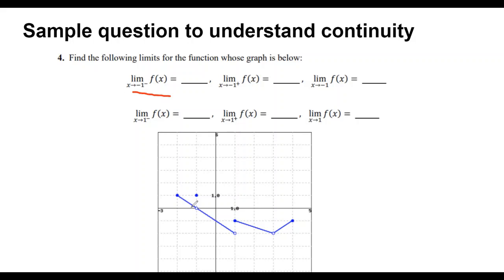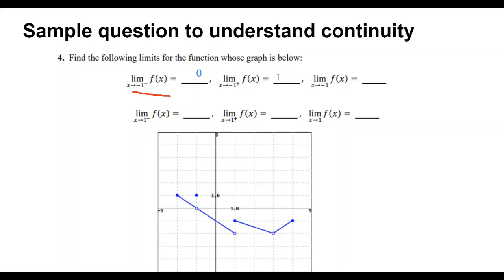Approaching it from the left, shown by the negative sign, you can move from the left-hand side towards -1. And as you move towards -1, you can see that the y value at this point is 0. So limit of x tends to -1 from the left is 0.